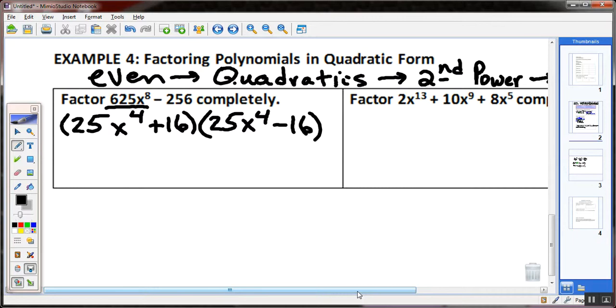So when we think quadratics right here, which of these two functions right up here is really easy to factor? Top one or bottom one? Think differences, kids. Difference of two perfect squares.